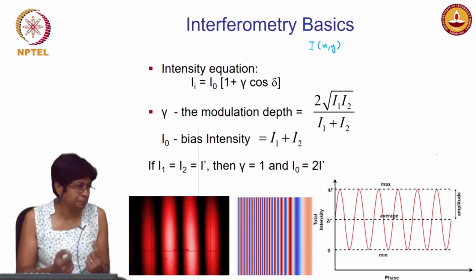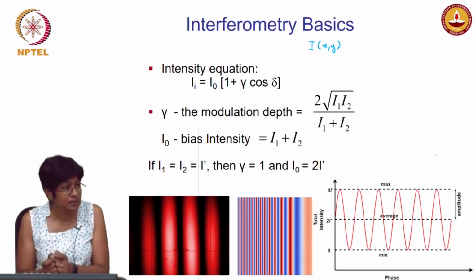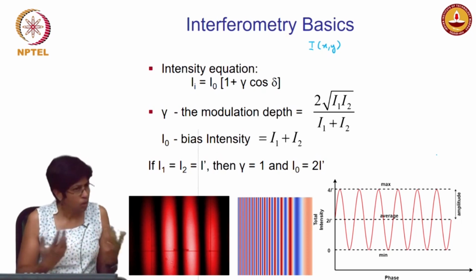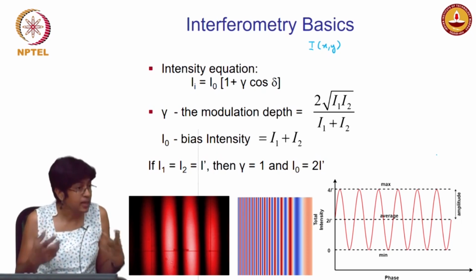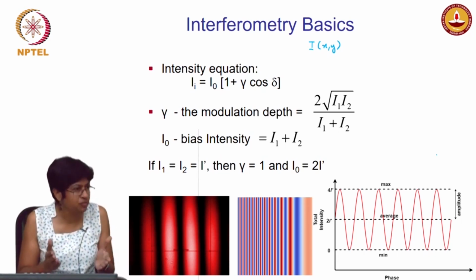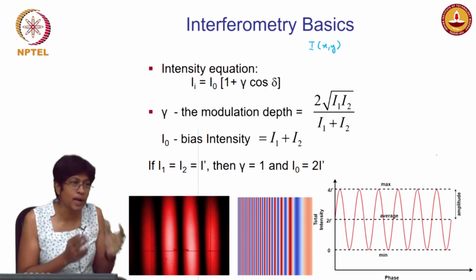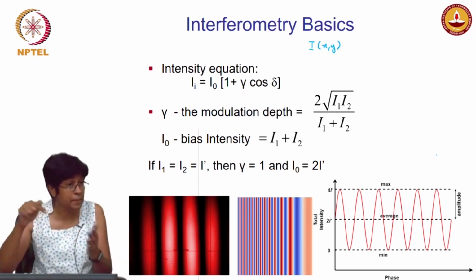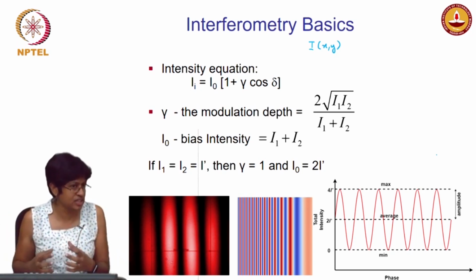But it can happen that the intensity of one beam is much lower than the other beam. Why could that happen? Well, we are creating two beams, but now we are looking at a specific application. One beam acts as the reference beam. I need interference because interference is the way by which I extract phase.